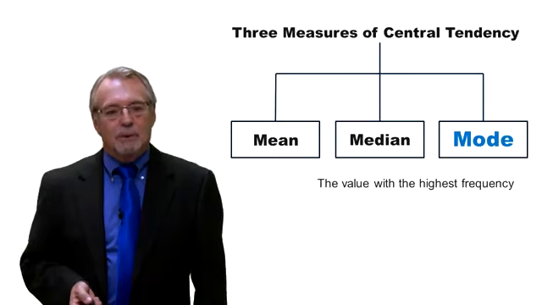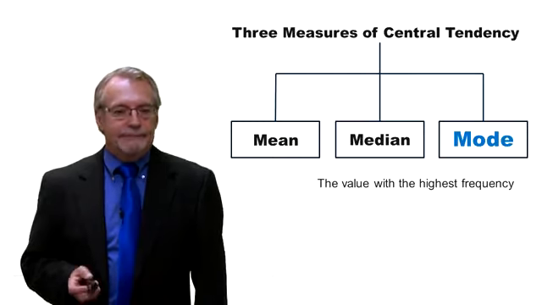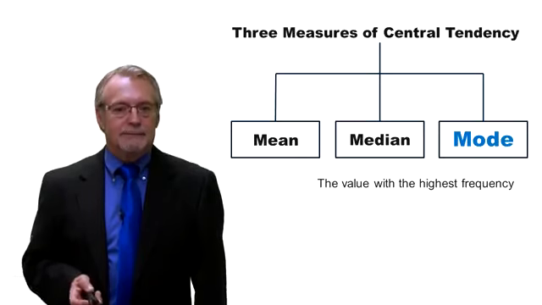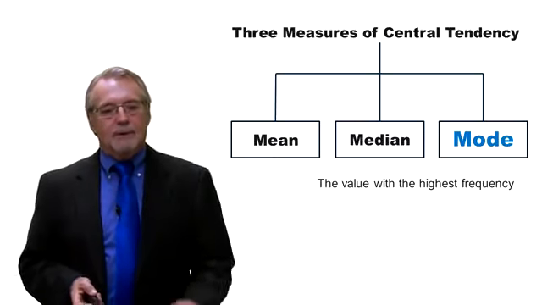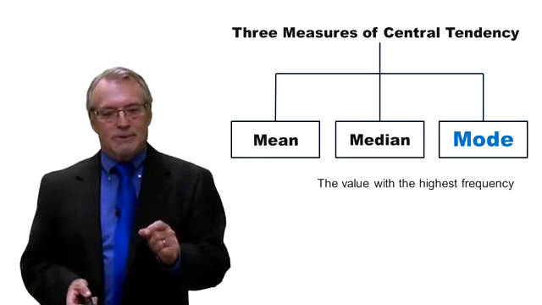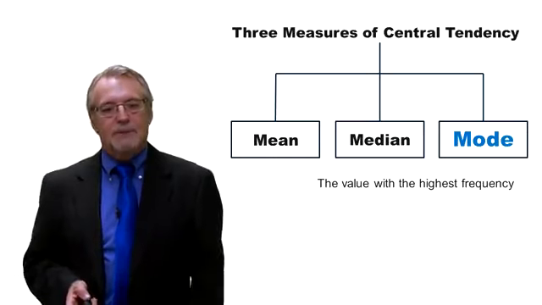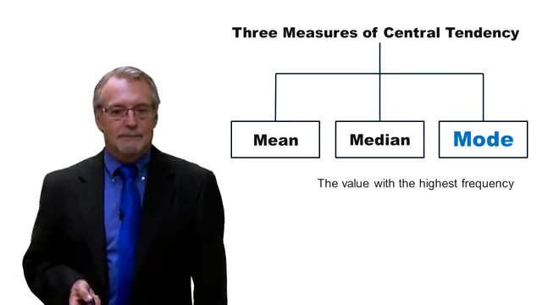Mode is simply when we put all these numbers together, A plus, A minus, B plus, C, D, other, incomplete, one of those comes up the most. Which thing comes up the most? That's the mode.